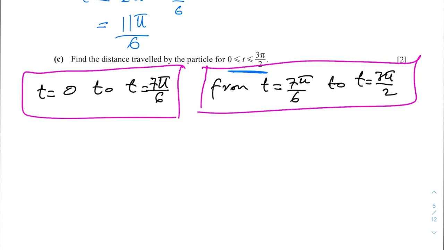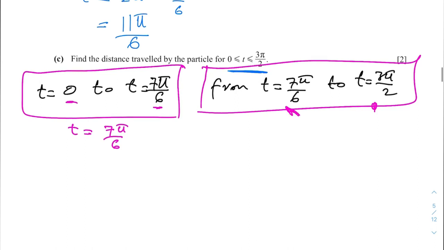Okay, so if I have from 0, let me even make it easy, from 0 all the way to here, then that means that time is basically 7 pi on 6, right? Then the next thing is from here to here. Since they have already given me the displacement, I just need the time traveled within it.